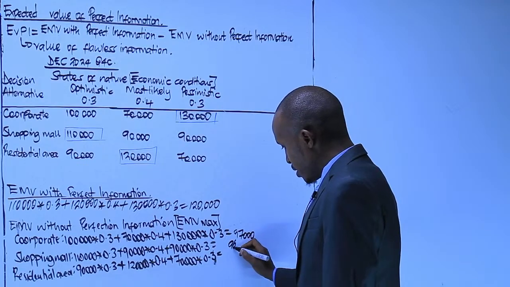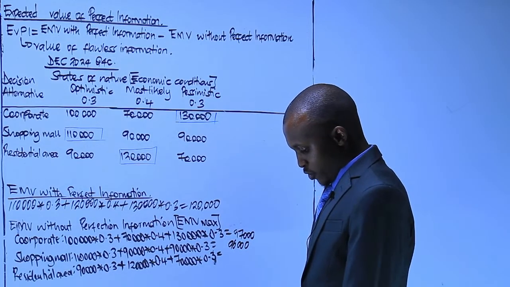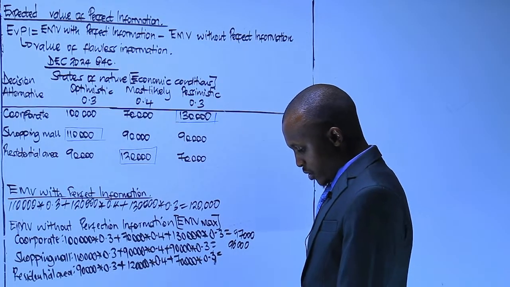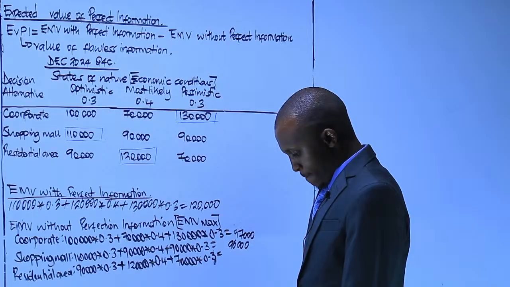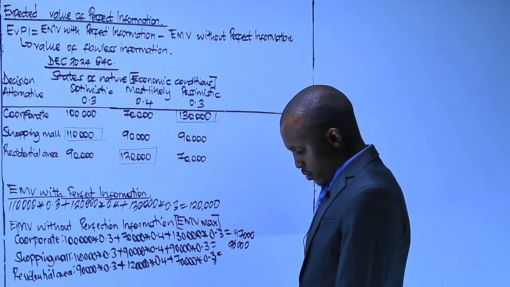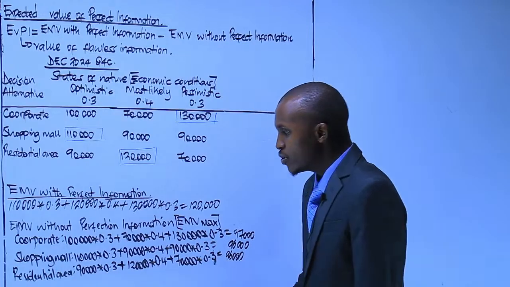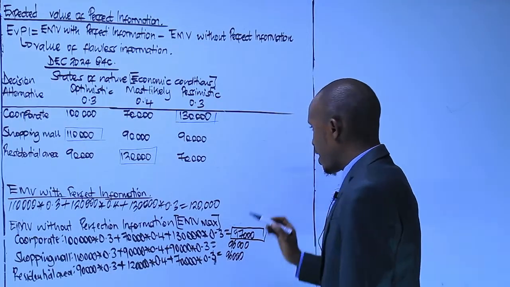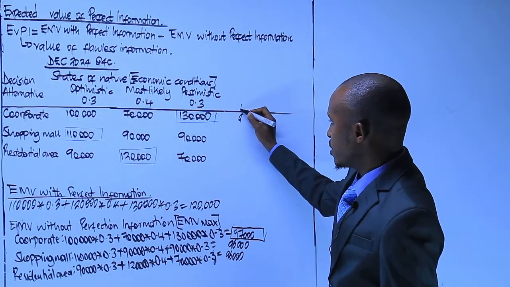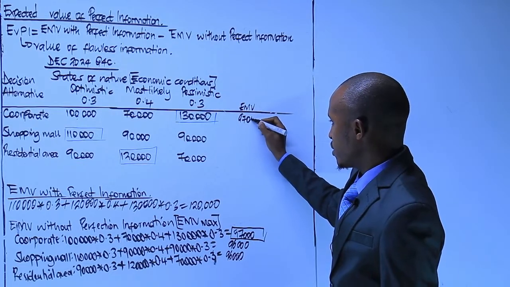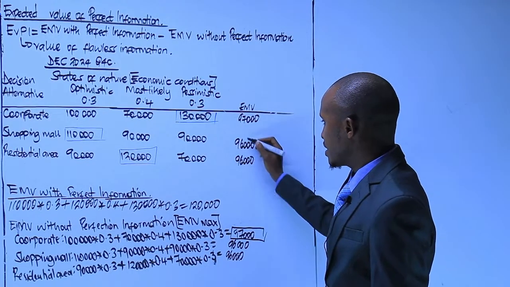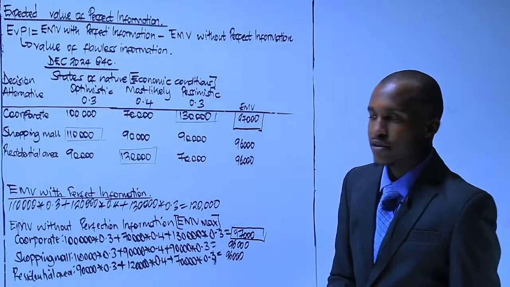That should be 96,000. 90 times 0.3 plus 120 times 0.4 plus 70 times 0.3, 96. But remember, using the expected monetary value approach, you normally select the one with the highest. So this is your EMV: 97, 96, and 96. So you select the highest. That is the highest.